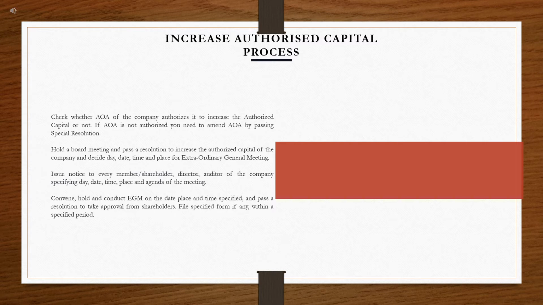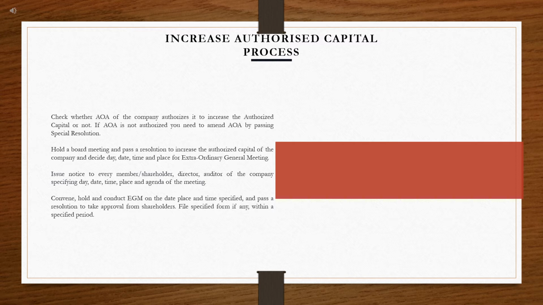Issue notice to every member, shareholder, director and auditor of the company specifying the day, date, time, place and agenda of the meeting. Convene, hold and conduct the EGM on the date, place and time specified, and pass a resolution to take approval from shareholders. File the specified form, if any, within a specified period.